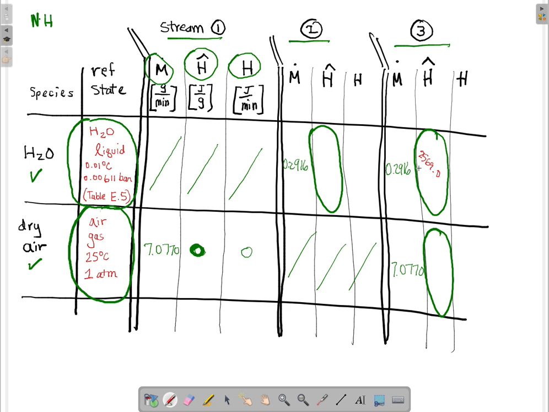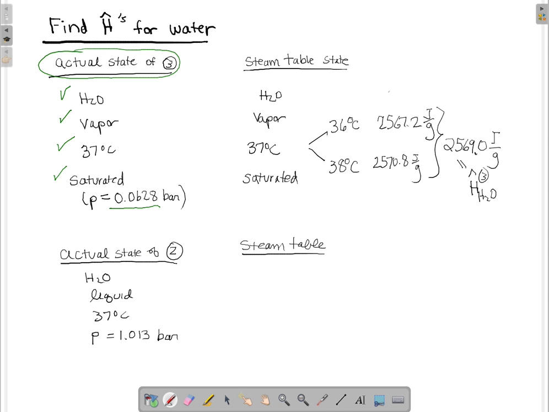joules per gram. Now we need to find out what the specific enthalpy of liquid water at 37 degrees is. So we go through the same process. In the steam table, we can, of course, find, by definition, it's about water, and we can look up water at 37 degrees C, and we can find it when it's a liquid.